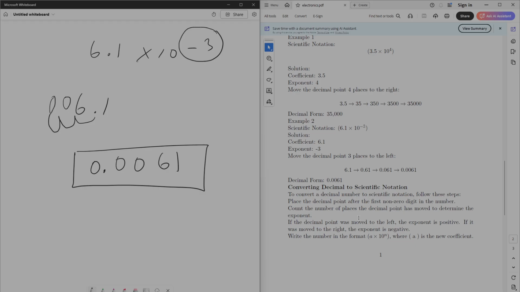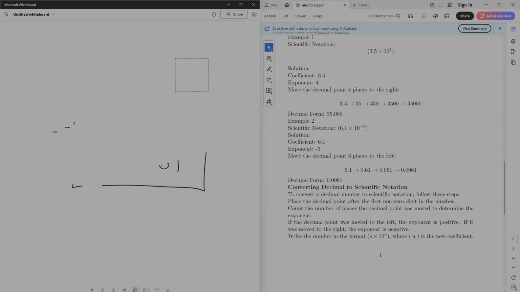We're going to count the number of places the decimal point has moved to determine the exponent. If the decimal point was moved to the left, the exponent is positive. If it was moved to the right, the exponent is negative.